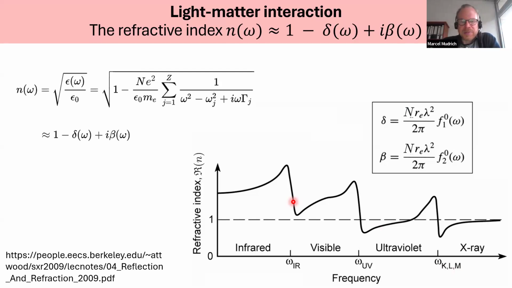Can someone tell me what's happening between infrared and visible, where there's some characteristic frequency omega IR, or what's happening in the UV, or in the X-ray, that suddenly makes the index of refraction drop so sharply?